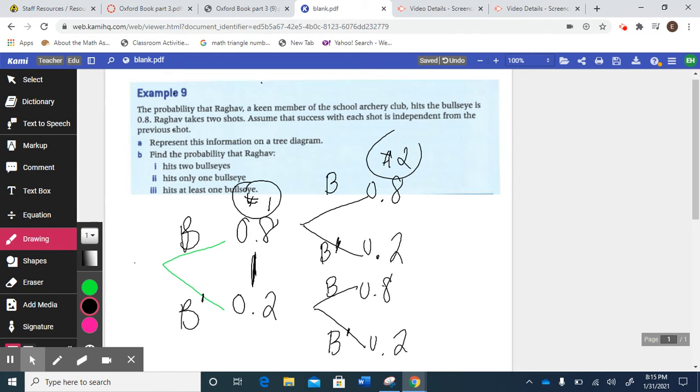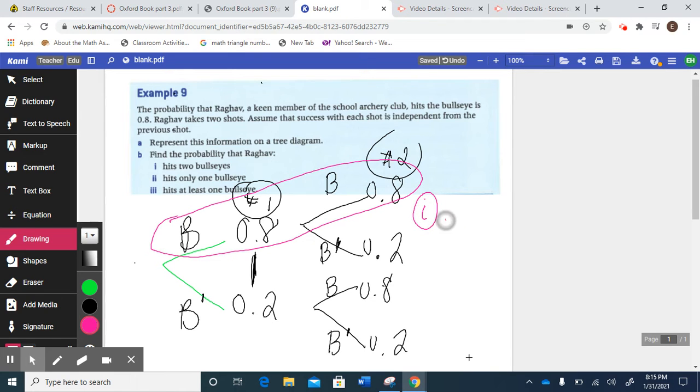Let's go ahead and start with the first one. Hits 2 bullseyes. So basically what you're going to do here is find where that is represented on your tree diagram. Bullseye, bullseye. Boom. Is right there. That's his only scenario. So you are going to take the 0.8 and the 0.8 and do the product rule.